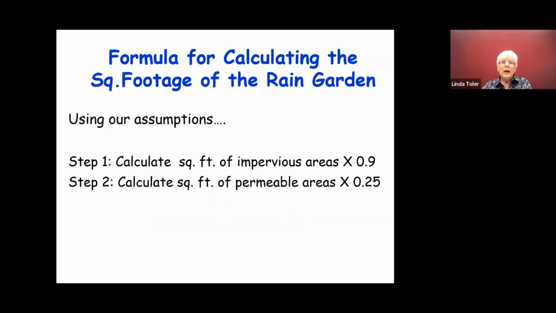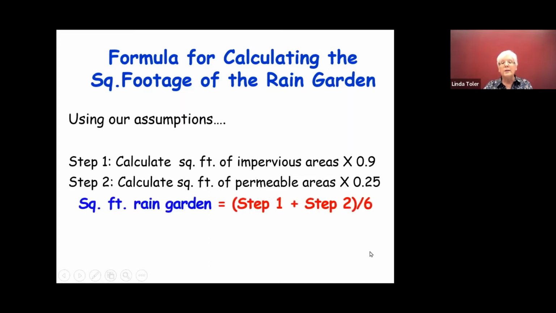So now we've got all the unknowns that we can, and we're ready to calculate the square footage of our rain garden. So our first step is take the square footage of all those impervious areas and multiply them by 0.9. You want to take the square footage of the permeable areas, like our lawns, and multiply them by 0.25.